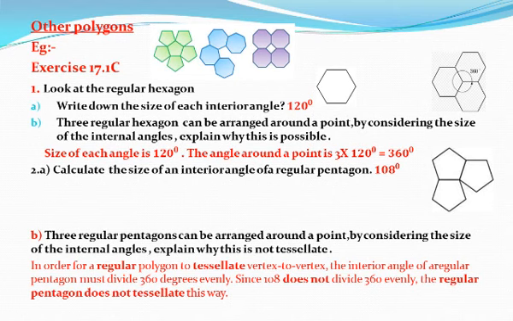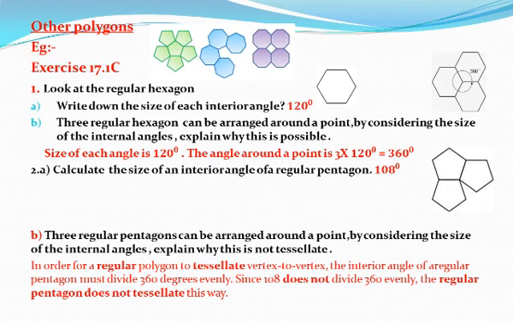Question 1. Look at the regular hexagon. From your work in chapter 3, write down the size of each interior angle. You studied how to find the interior angles of a regular hexagon. It is 120 degrees. Three regular hexagons can be arranged around a point.